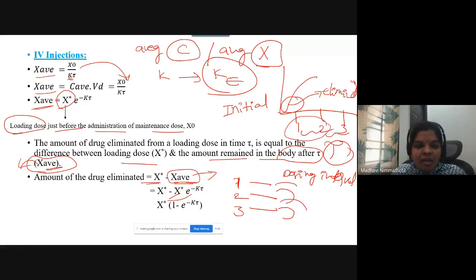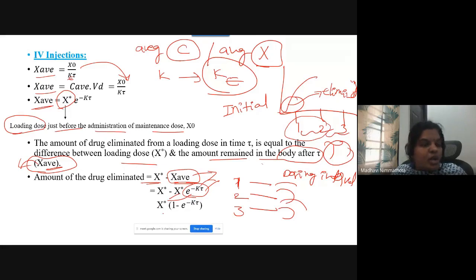Why? Here we are taking the difference between the loading dose and the amount remaining in the body after a particular time interval. So the loading dose is multiplied by the amount of the drug remaining in the body, which is expressed in terms of the elimination rate constant and the time interval.